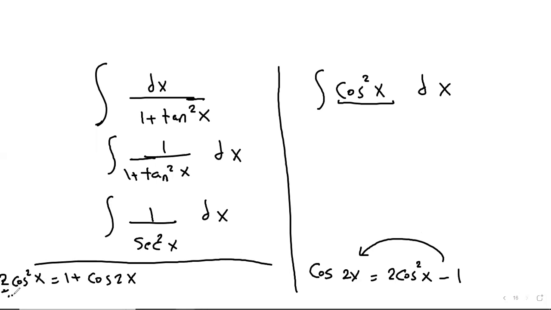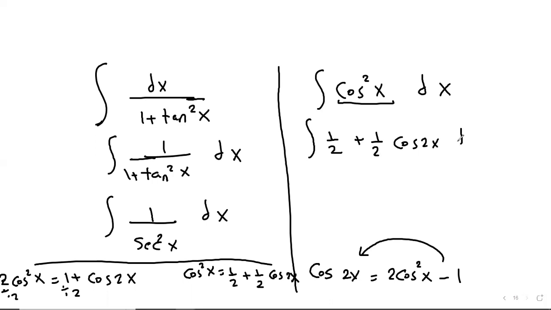Then divide by 2 all times. So cosine squared x is equal to half plus half cosine 2x. So we're going to write here, instead of cosine squared x, half plus half cosine 2x with respect to x. Now we can integrate.